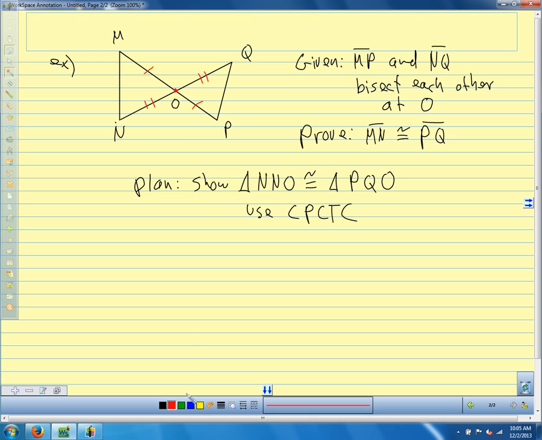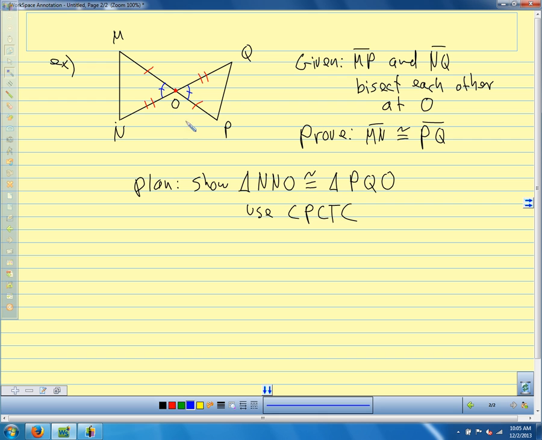So we have this, I'll mark that in blue here. We have this angle and that angle. What do we know about those two angles? They are congruent. What do we call those two kinds of angles? When they're across the X from each other? Vertical, very nice. Vertical angles.